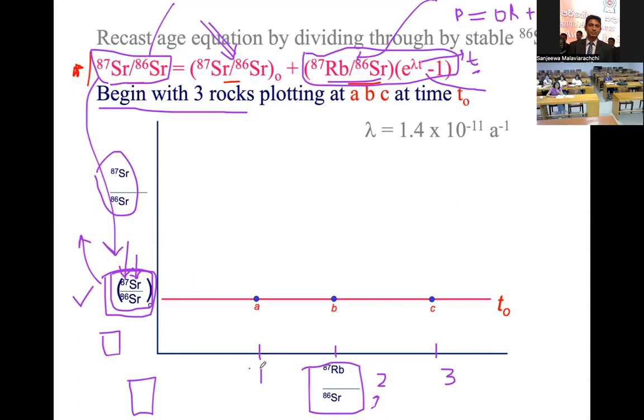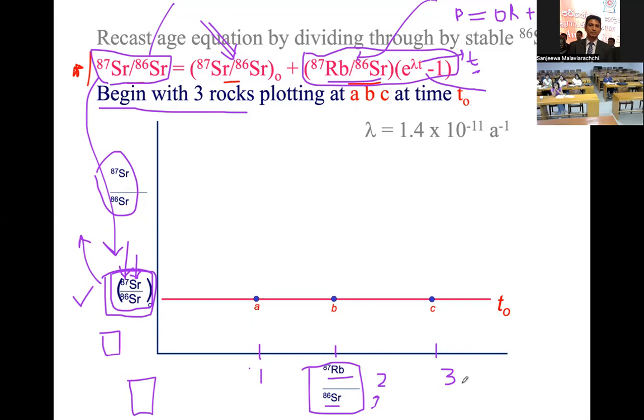But once the new rocks crystallized, you will have different amounts of rubidium distributed coming out from this source. So that's why you have different rubidium-strontium ratios, and when you normalize it also, you will have three different values for the three rocks.